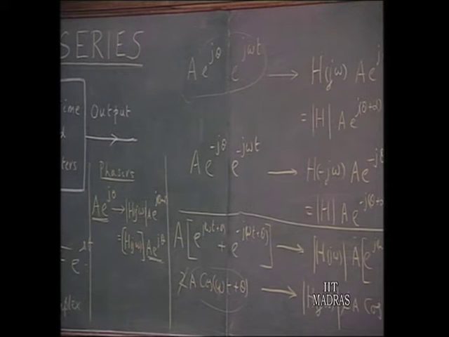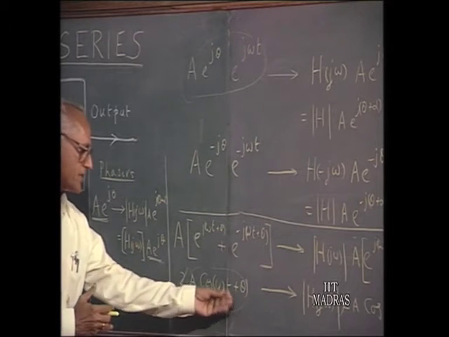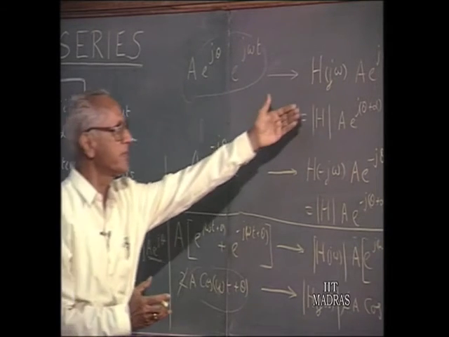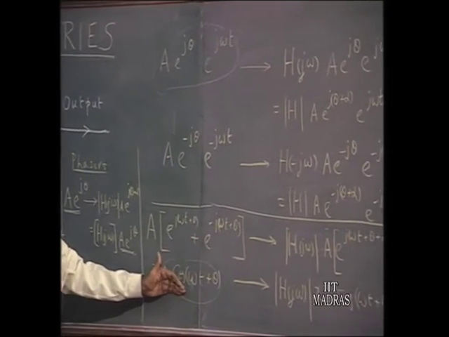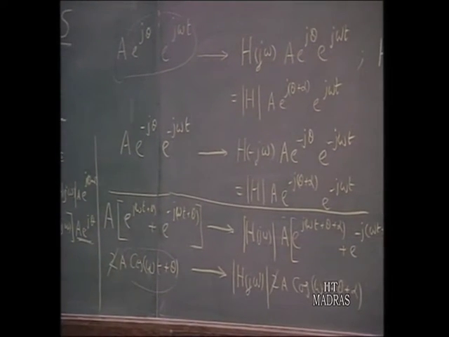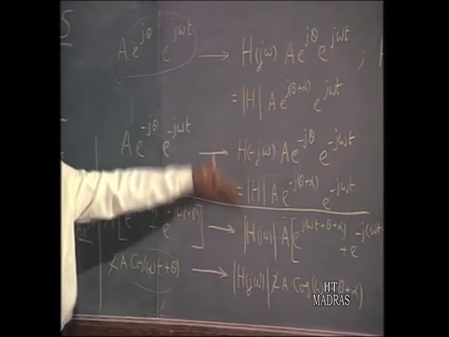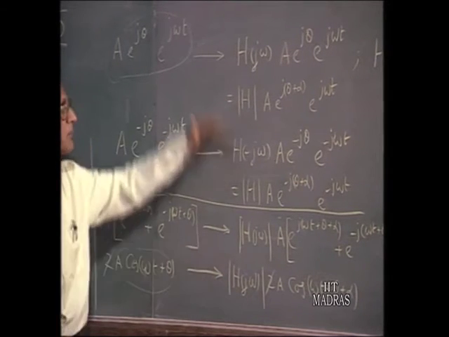Now, instead of using this actual signal, suppose we assume the characteristic signal was present, this would have been the response. But since the real part of this signal is what we are actually using, the output will be the real part of that, and that is what is happening here. Even though I have put these two steps here, actually what you can see is this is the real part of this.